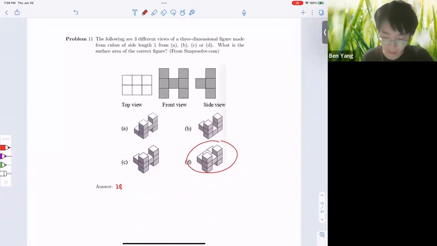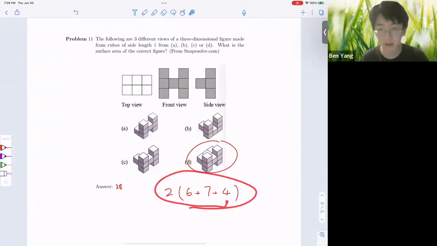There's a clever method here. To compute its surface area, we can just do 2 times the top plus the front plus the side. That's like looking at the figure from top, from bottom, from front, from back, from left, and from right.